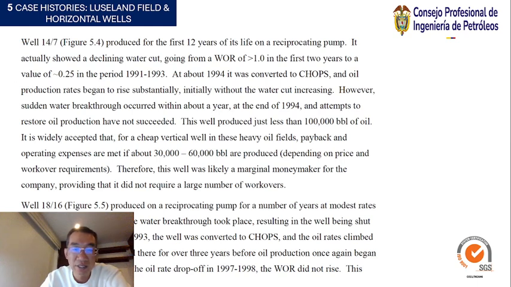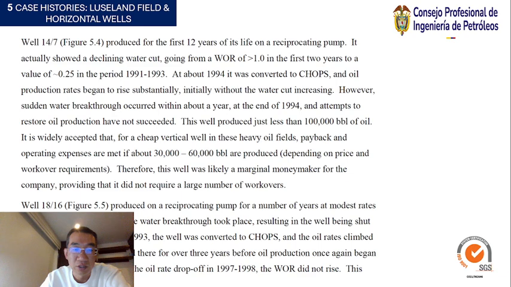In late 1993, the well was converted to CHOPS and the oil rates climbed to over 100 to 200 barrels per day, and stayed there for over 3 years before oil production once again began to drop off.